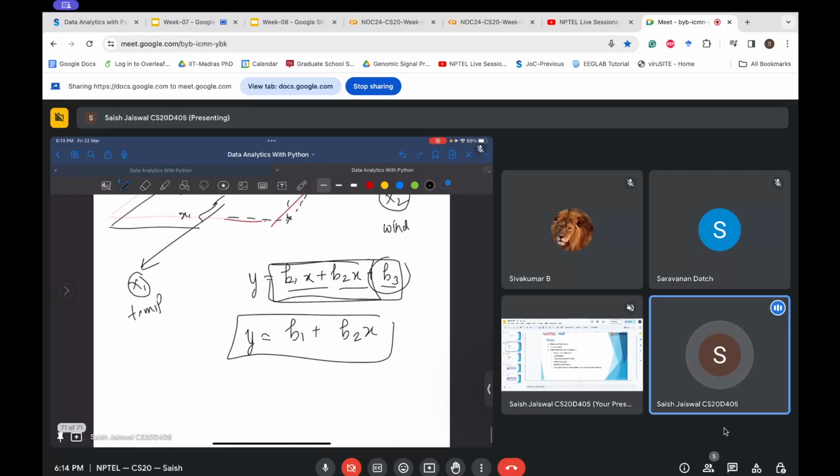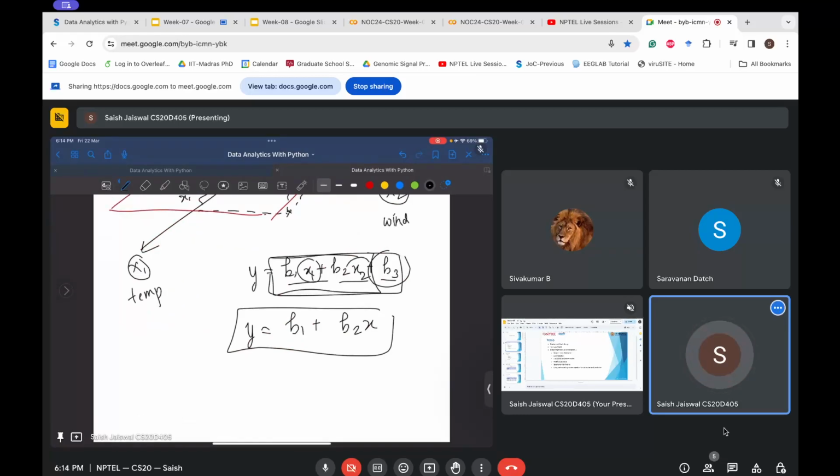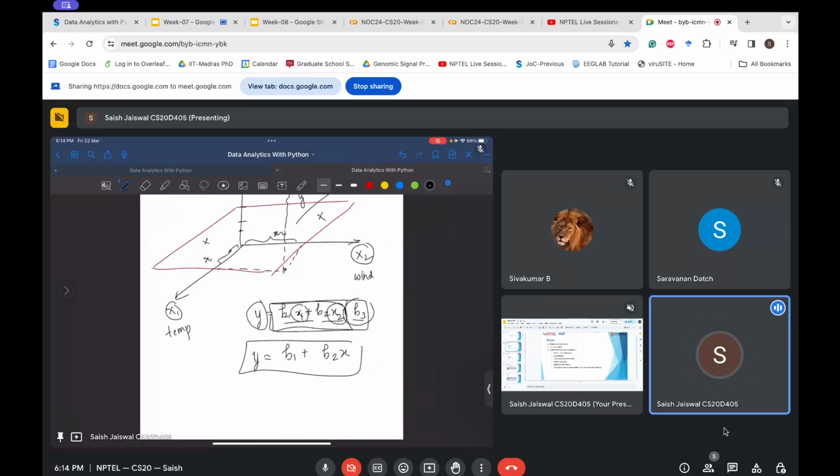Given the values of x1 and x2, you have to predict the value of y. Generally it is given as y hat. Y is the actual value and y hat is the predicted value.